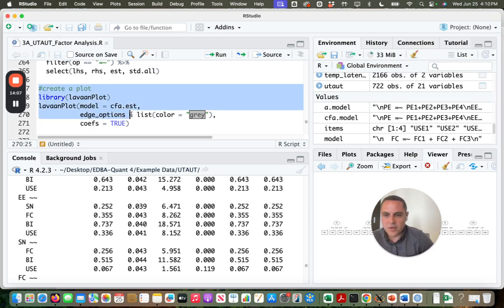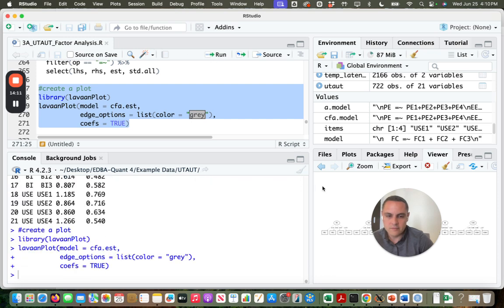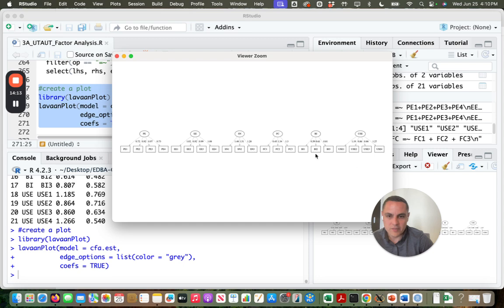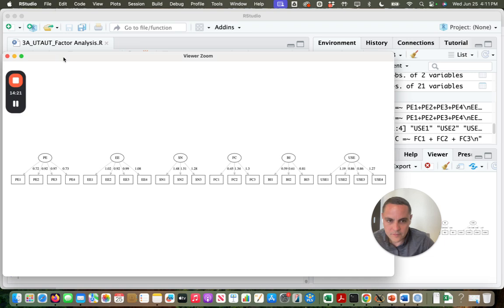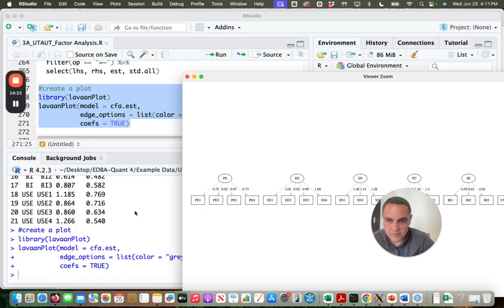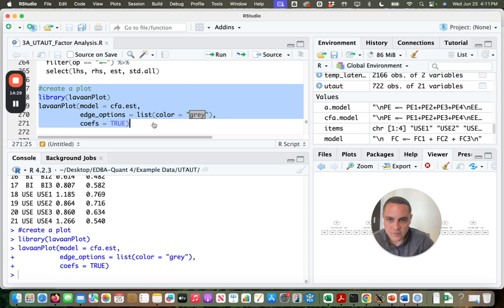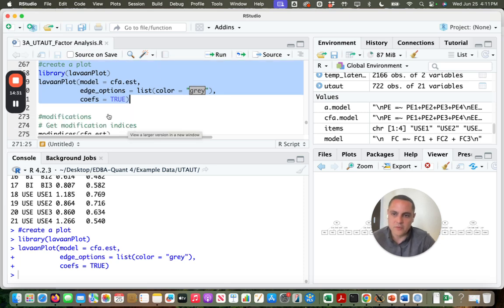What you could do is just create a plot, and if you look at this, it shows you the loadings, right? It's kind of hard to read, but it shows you the information around the constructs and the different items associated with those constructs.